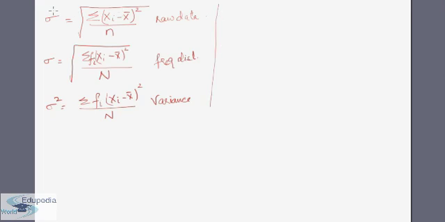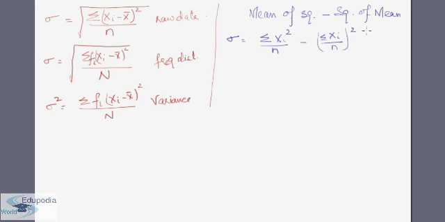When we worked out, we had another set of formula, which was simply, to remember, I had told you that it is simply the mean of squares minus square of mean. Mean of squares means summation xi squared over n, minus summation xi by n, squared.